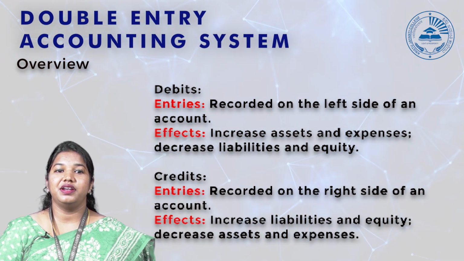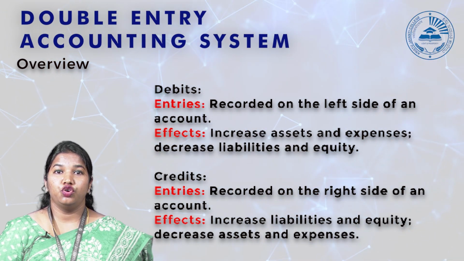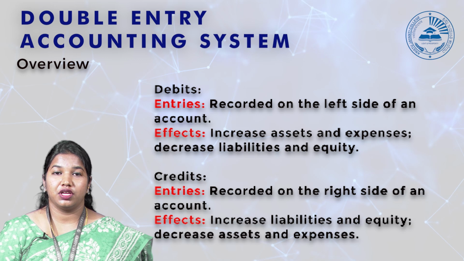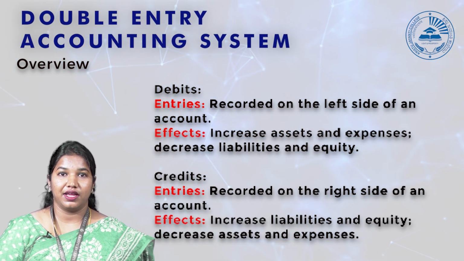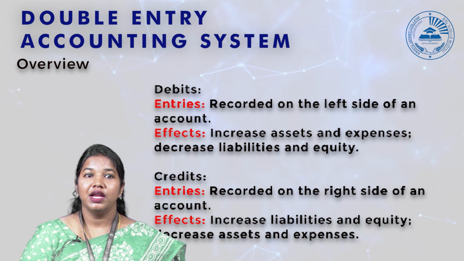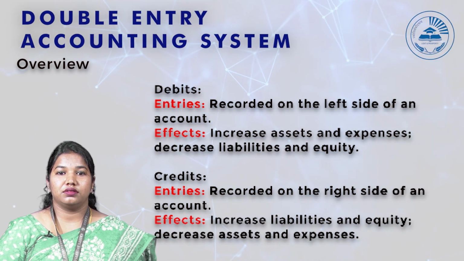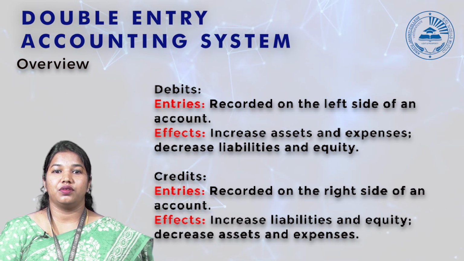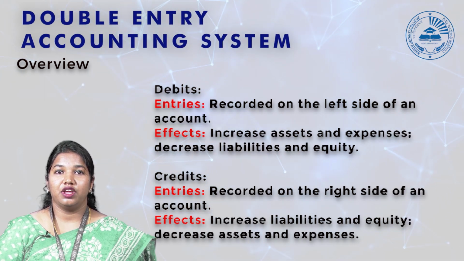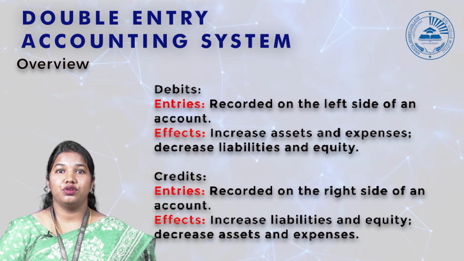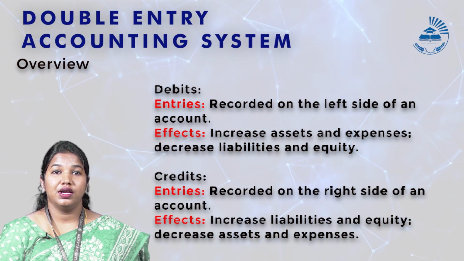So when you have an increase in assets and expenses, that is when you buy something, when you procure machinery, all your assets, your cash and everything, come on the debit side, the left side of the account. And when you have a decrease in liabilities and equity, when your liabilities are reduced, when you make a payment, your expenses, everything comes to the debits.